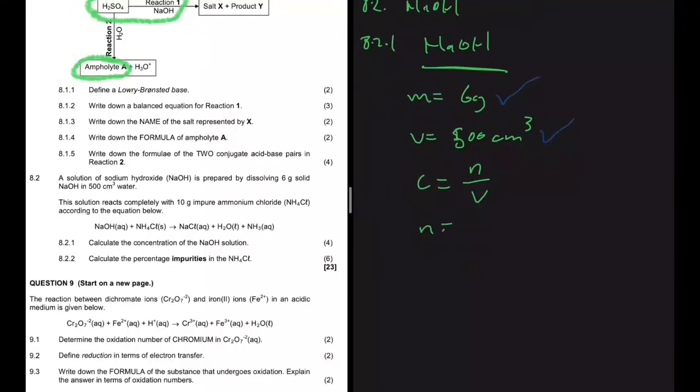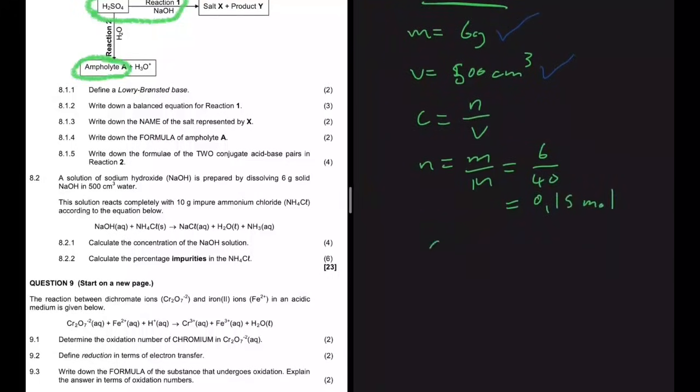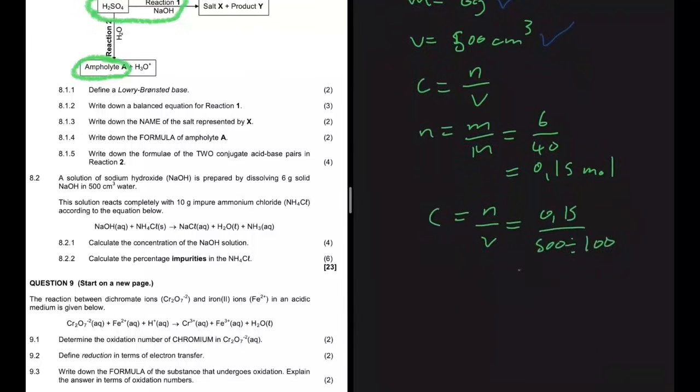So the number of moles will be equal to the mass divided by the molar mass. The mass is 6 grams, and the molar mass of NaOH is 40. So we're going to have 0.15 moles, right? Now we can say that the concentration is equal to the number of moles divided by the volume, 0.15 divided by 500 centimeter cube, which you're going to divide by 1000 to convert to decimeter cube.